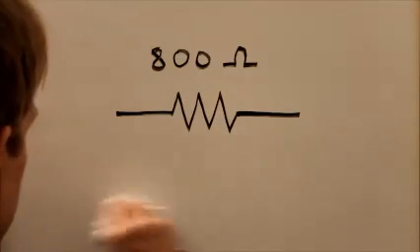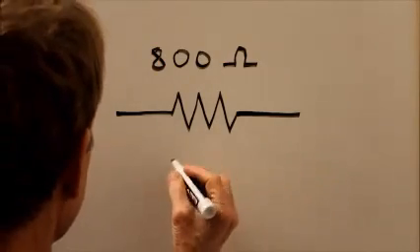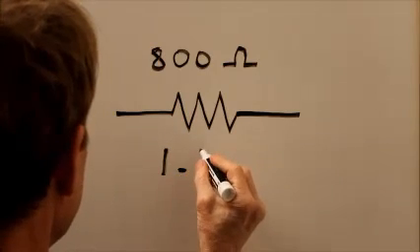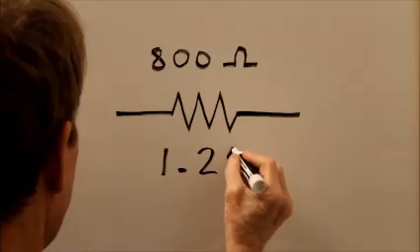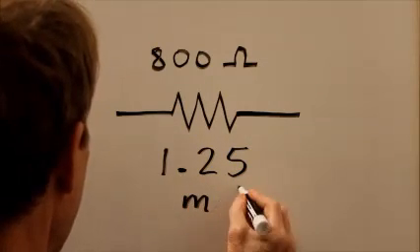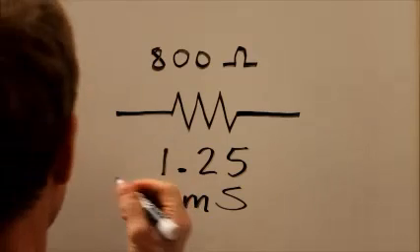So if we move the decimal place over 3 to the right, thereby multiplying by 1,000, we'll get 1.25 millisiemens. So the correct answer is D, as in delta, to this question.